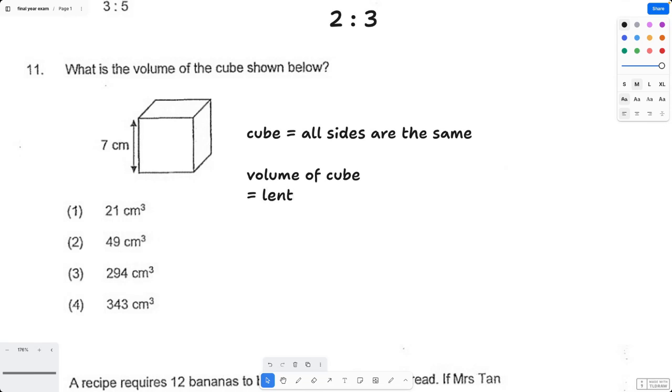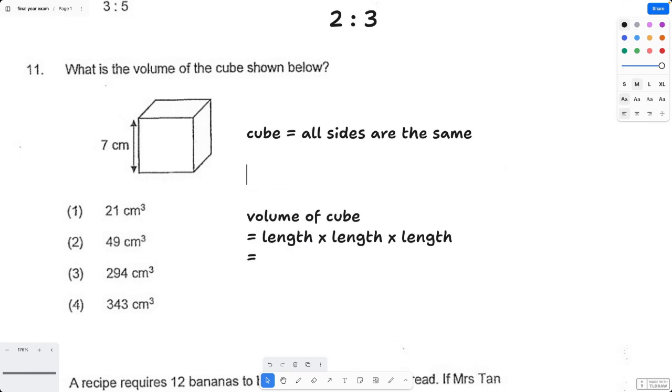So length times length in this case. What's the length over here? We know the length is equal to 7 centimeters.